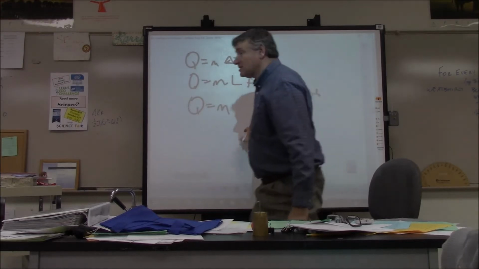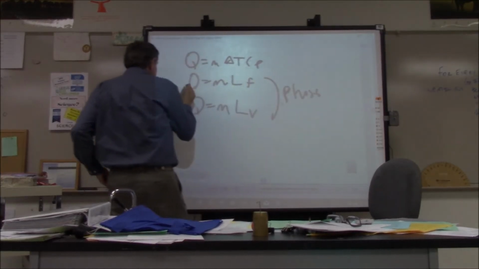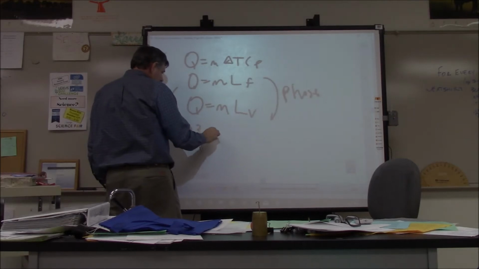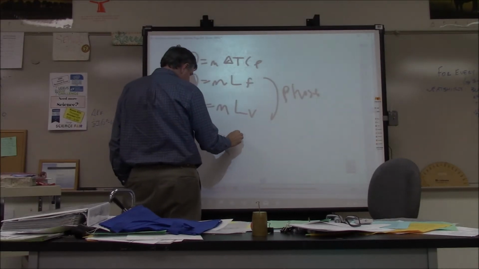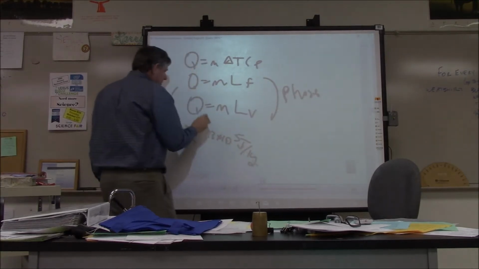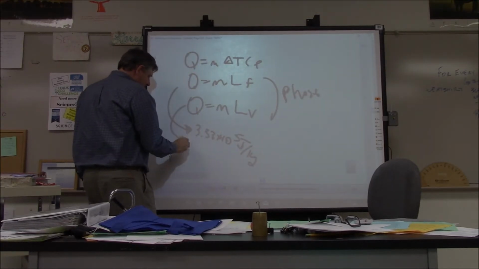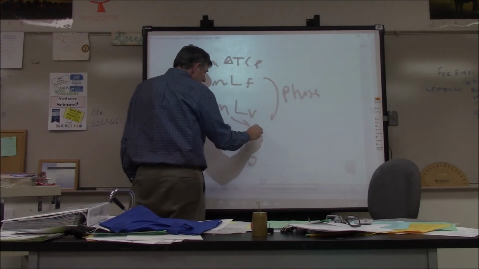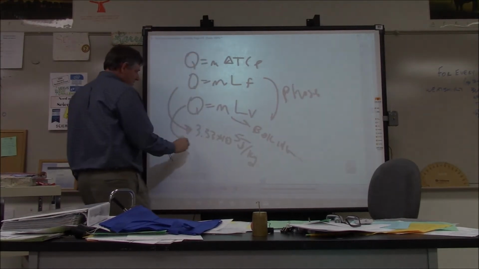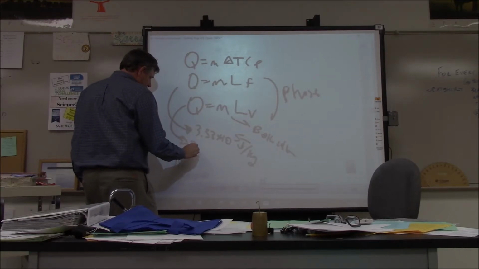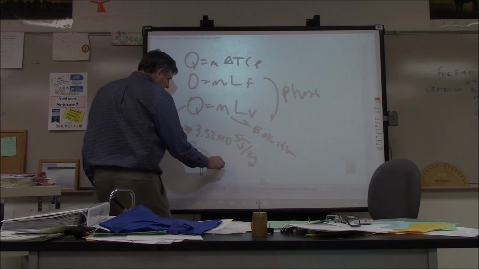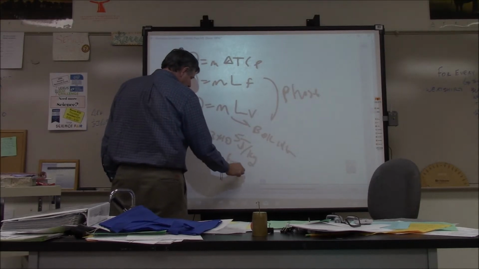Now, on your data sheet, don't memorize this now. Your latent heat of fusion is about 3.33 times 10 to the 5th joules per kilogram. And your latent heat of vaporization, so this is going to be like boiling or condensing water, I think that's 22.2 times 10 to the 6th joules per kilogram.